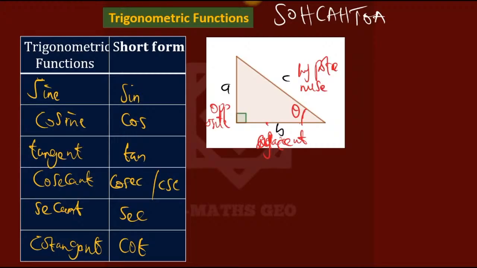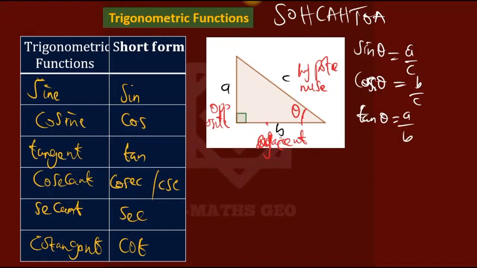Now we have the sine of the angle theta is always opposite over hypotenuse, which is A over C. Cosine theta is always B over C, while tan theta is always A over B. But if you look at it, A over B could be written as A over C divided by B over C. So what's the implication?